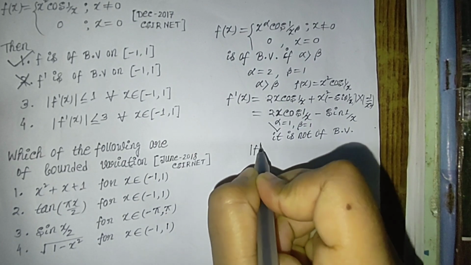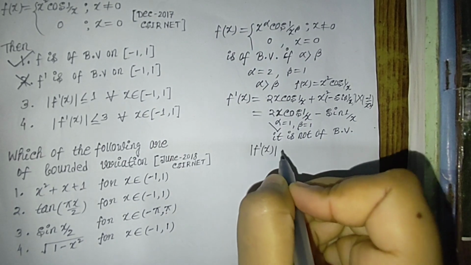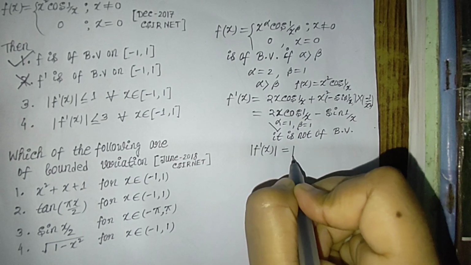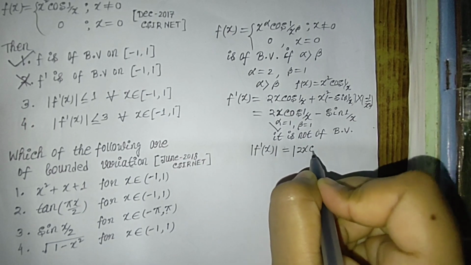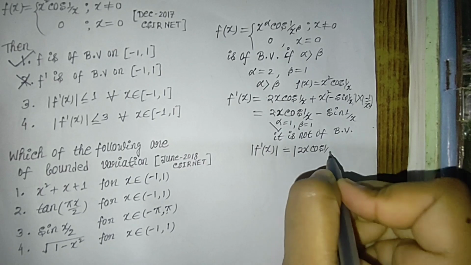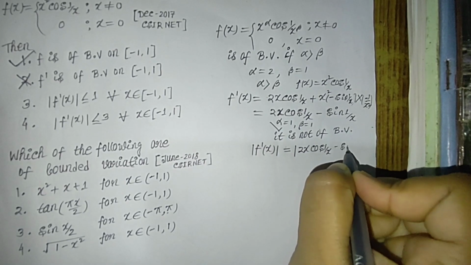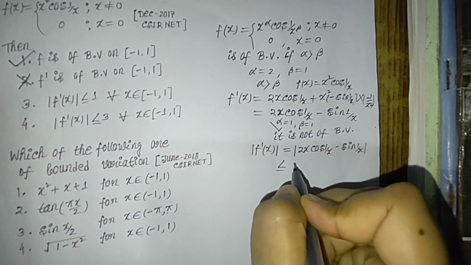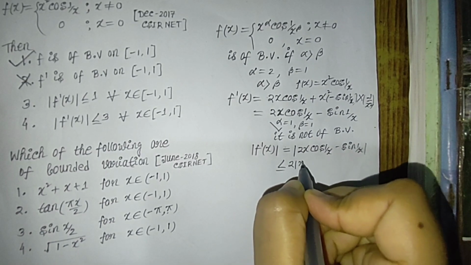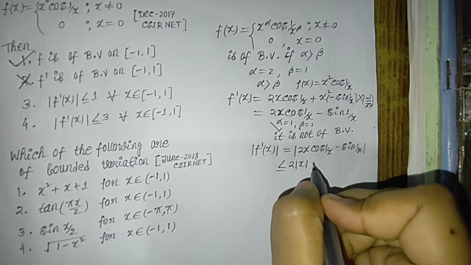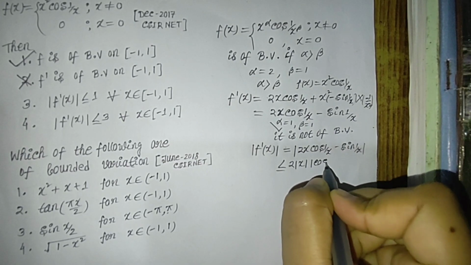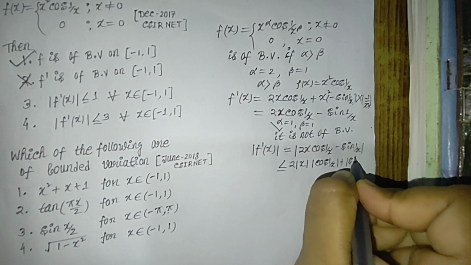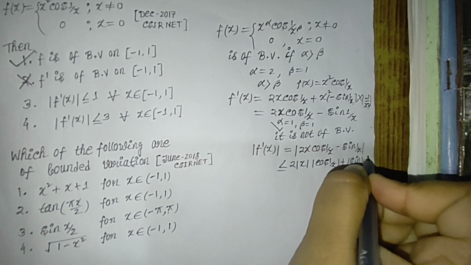Then mod f dash x equal to mod of 2x cos 1 by x minus sin 1 by x, less than equal to 2 mod x mod cos 1 by x plus mod sin 1 by x.